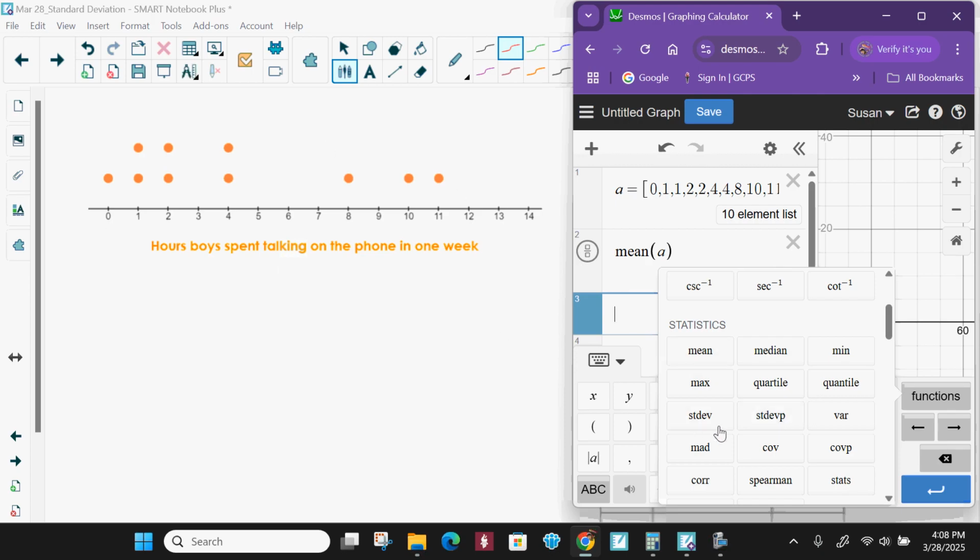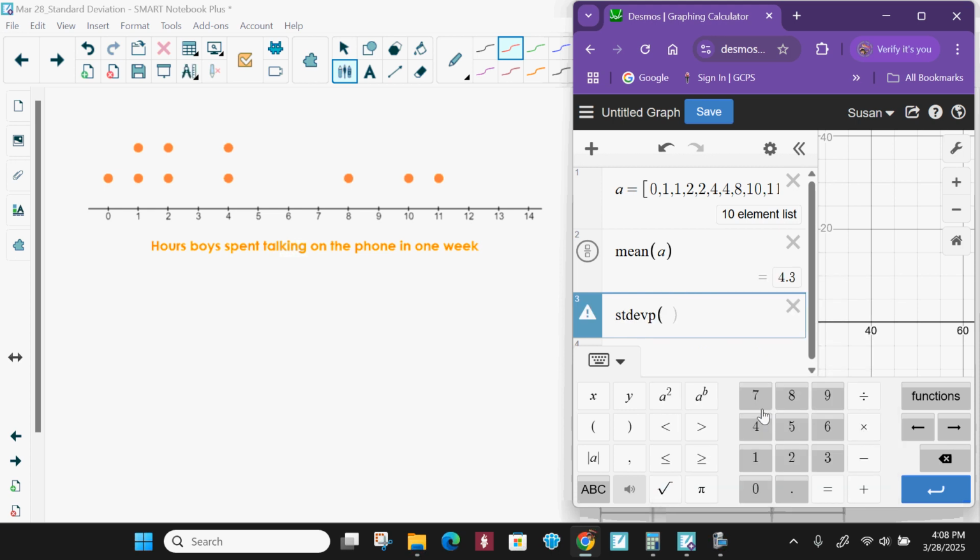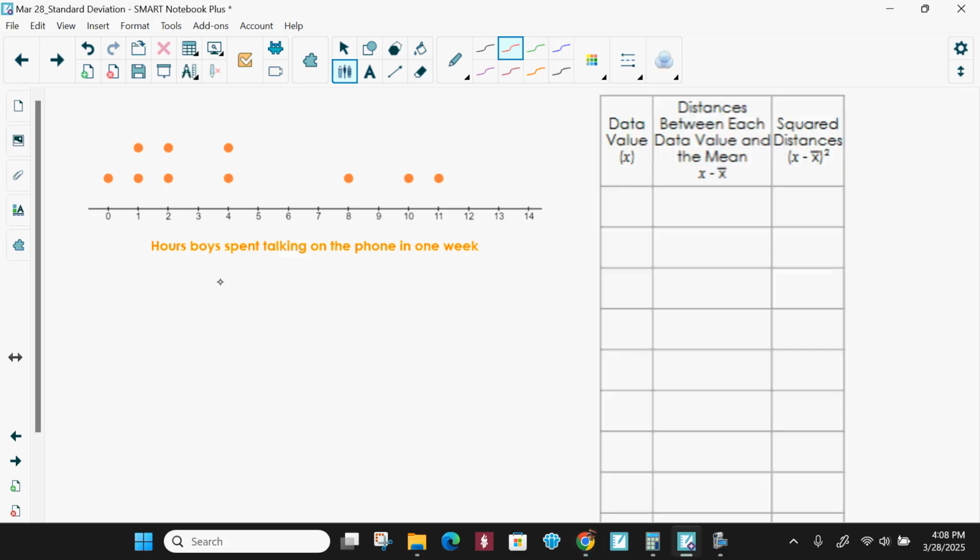The other one will give us something different, so we don't want to use that one yet. You'll get that later. We put in our letter for our set. That's 3.769, so we're going to round that to 3.77. So our mean, x bar, is 4.3, and our standard deviation was 3.77.